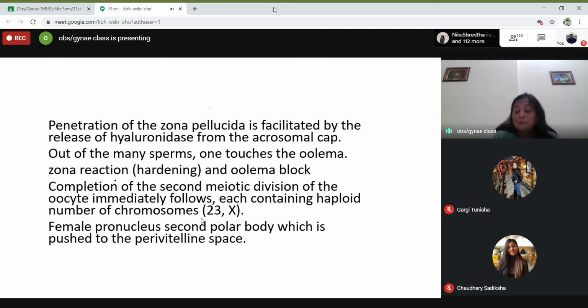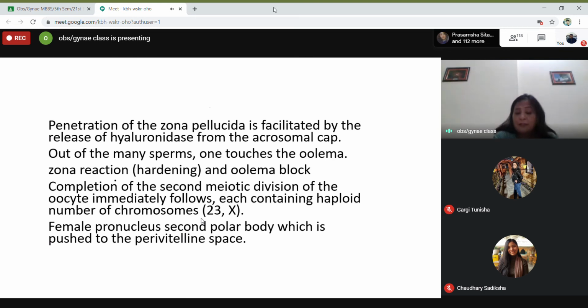Out of the hundreds of sperms, only one touches the zona pellucida and the zona reaction takes place. After that, the zona blocks the others, so only one sperm can enter through the zona pellucida. At that time there will be completion of the second meiotic division of the oocyte, containing a haploid number of chromosomes, 23X.